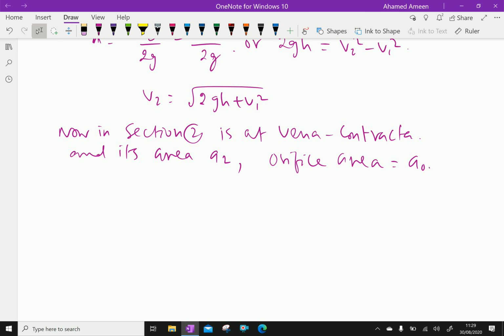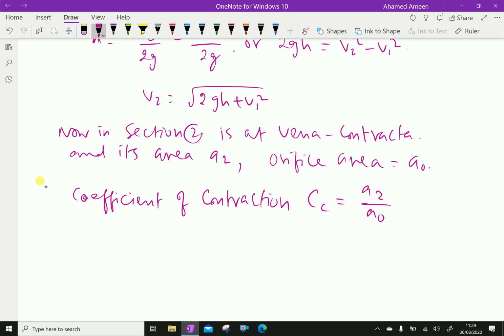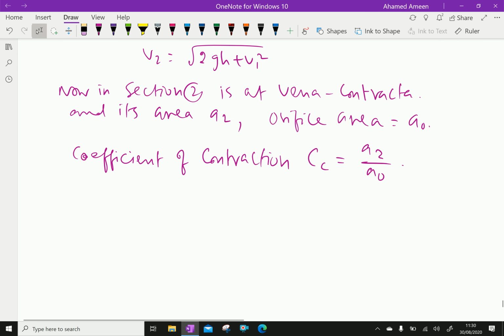Then the coefficient of contraction, let it be CC, is equal to A2 over A0. Therefore, it is the vena contracta area divided by the orifice area. From this, A2 equals A0 CC.